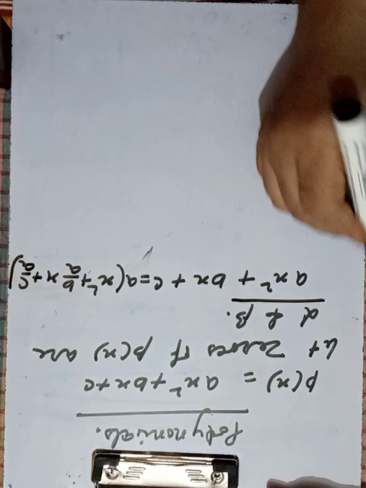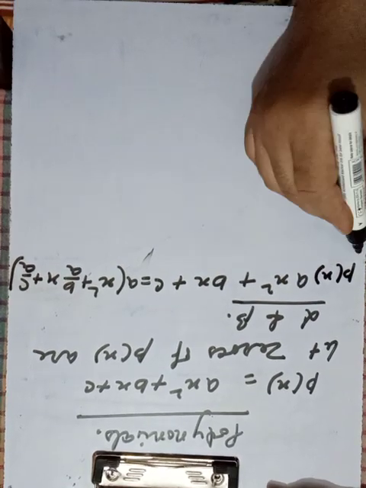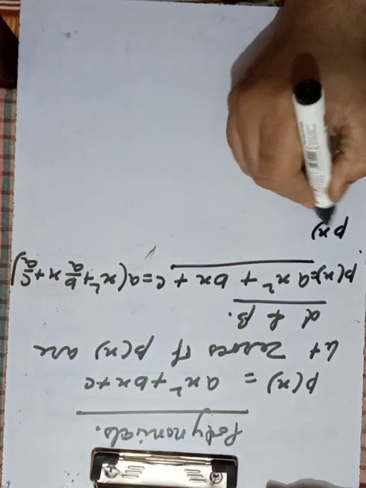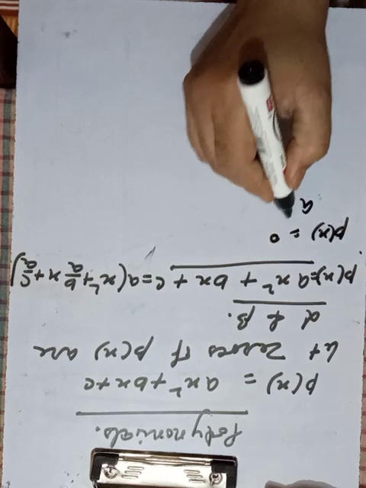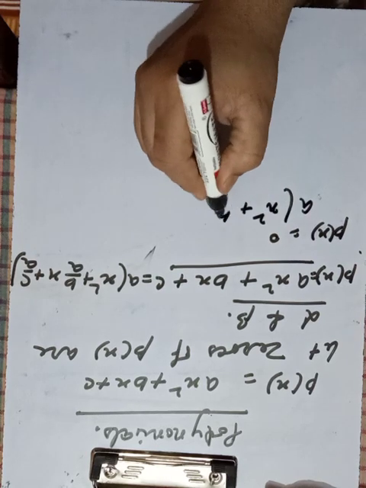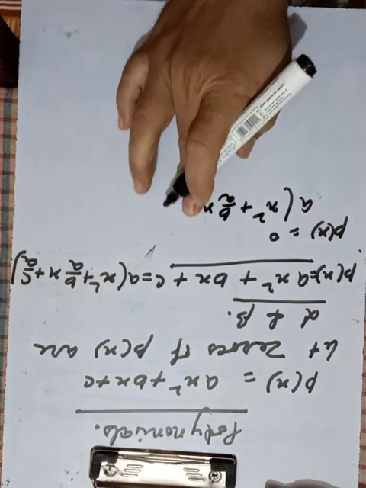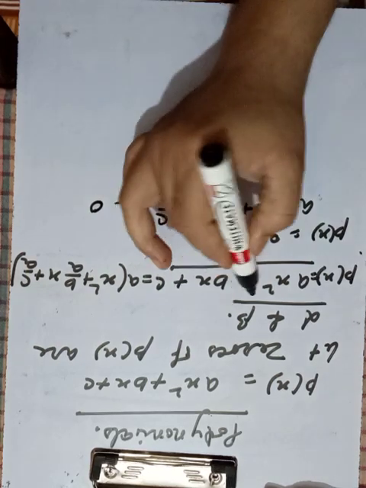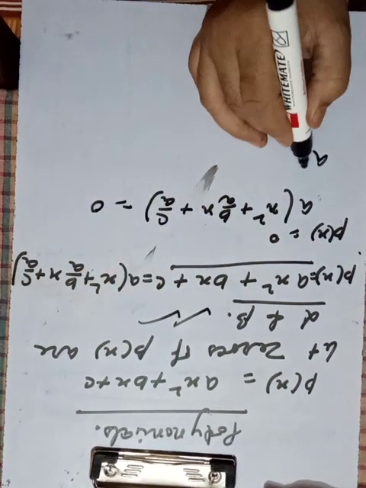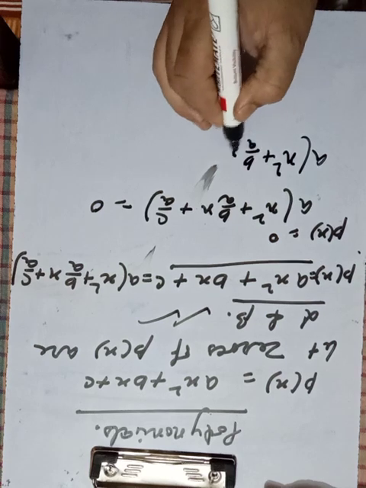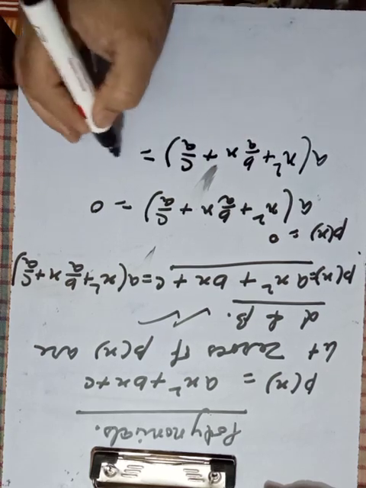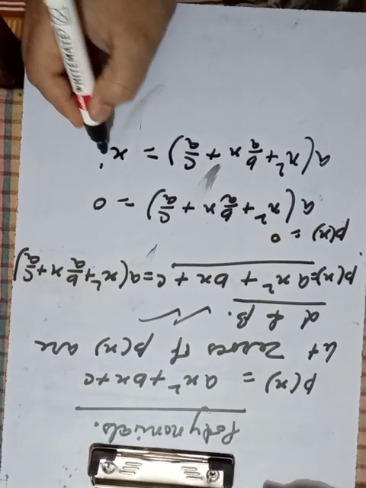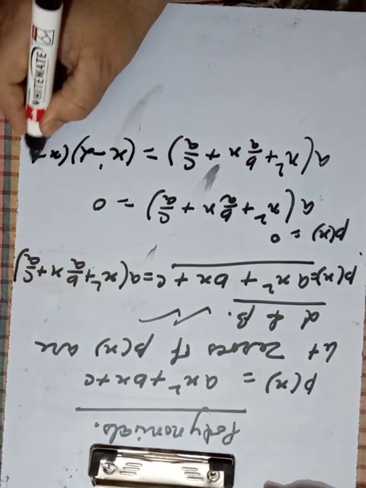Now I have taken alpha and beta as zeros. So if we find the zero of the polynomial, we can write p(x) is equal to 0. So in this case, a into x square plus b by a x plus c by a will be equal to 0, and we can write it as x minus alpha into x minus beta.